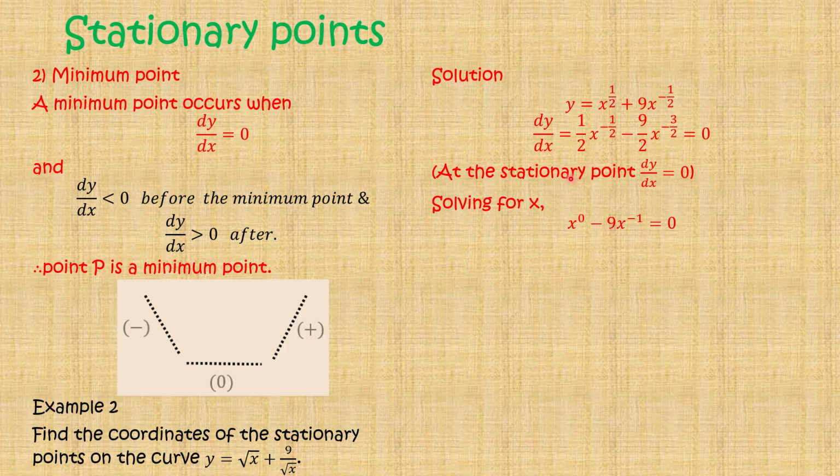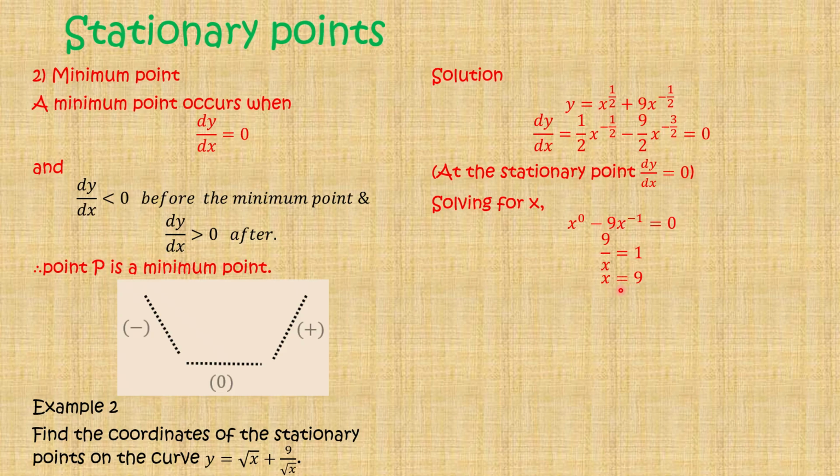Solving for x, what I did there was simply multiplying by x to the power half. All the terms simplified to x to the power 0 minus 9x to the power minus 1 is equal to 0. And of course, expressing this in other terms, I would have 9/x is equal to 1. Solving for x, x becomes 9.